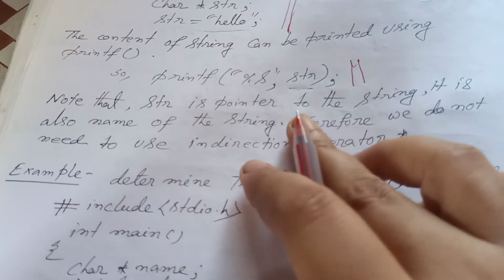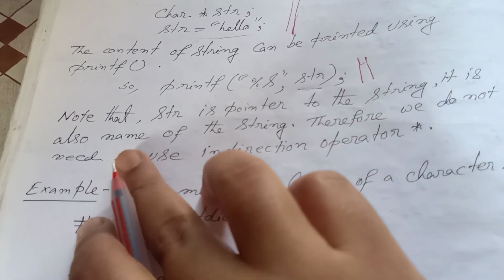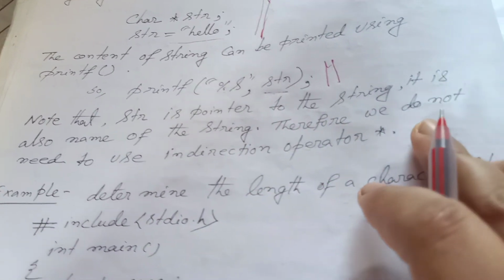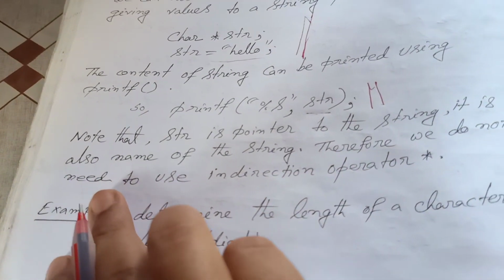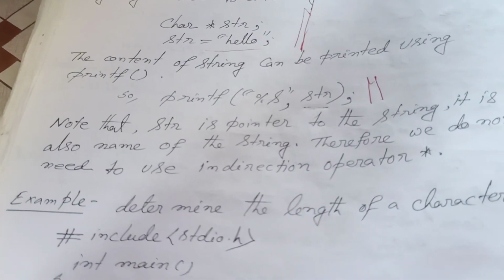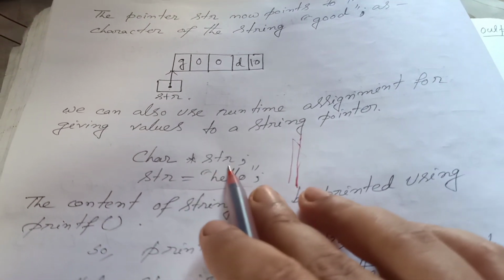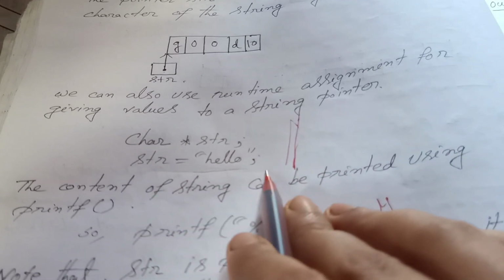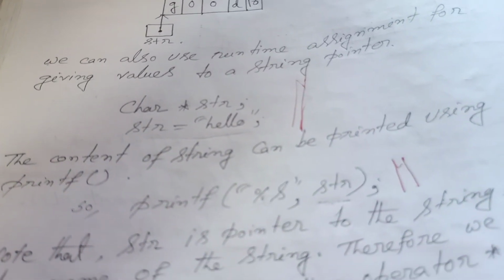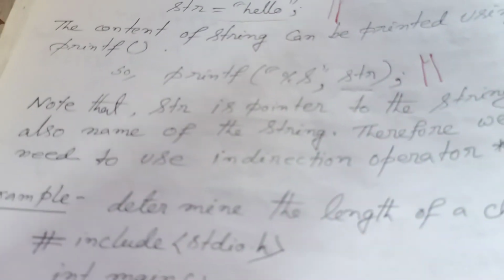Note that str is a pointer to the starting character. It is also the name of the string. Therefore, we do not need to use the indirection operator here. That's why we can directly use the pointer str, where str = "hello". So by using str we can show each character.